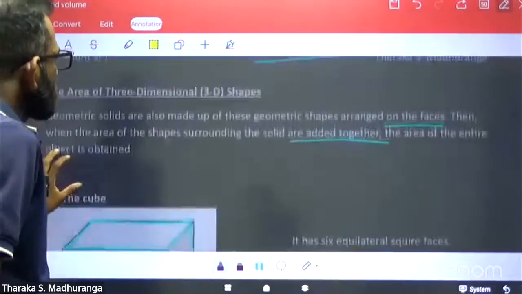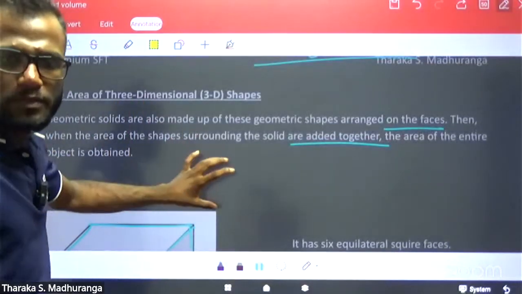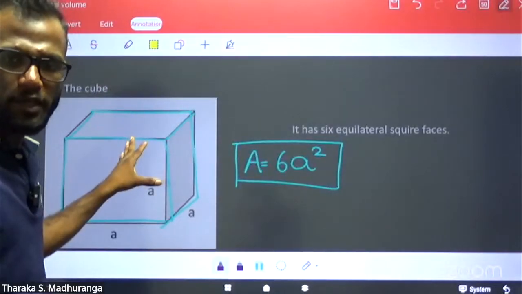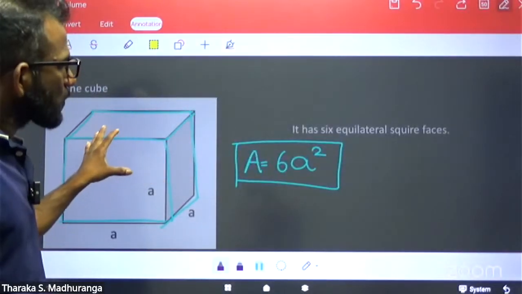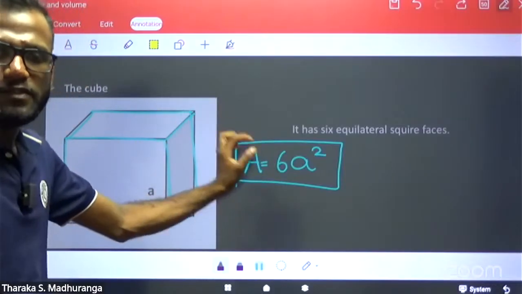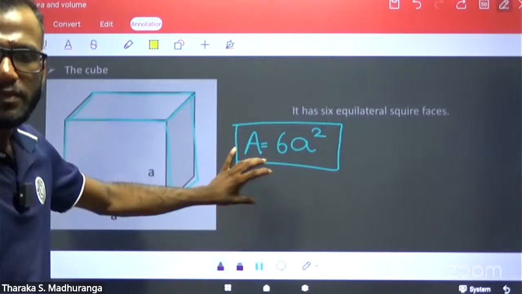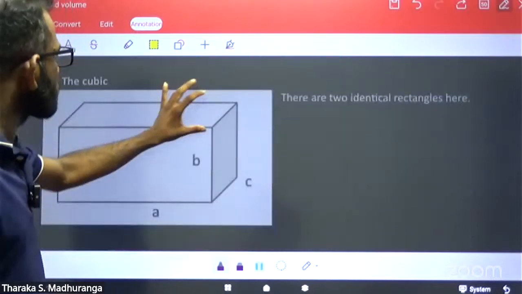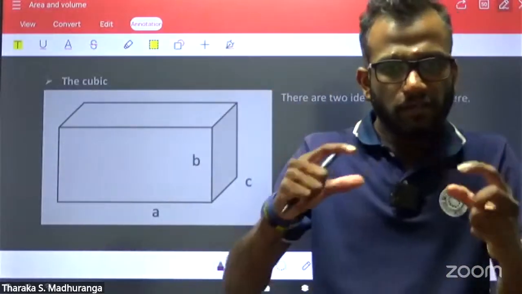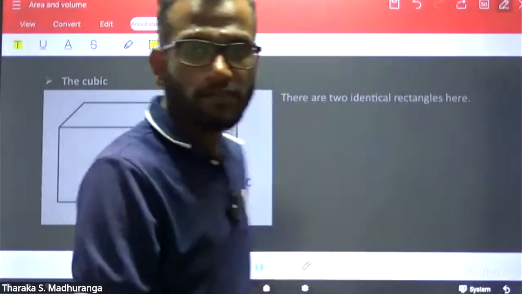The area of 3D objects, three-dimensional objects. The first one, the cube: draw a cube and write down the area equation 6a squared. Second one, the cuboid. It has 6 rectangle surfaces.